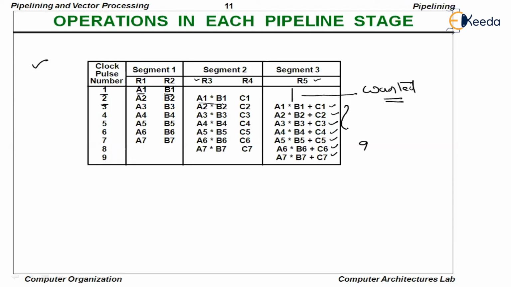Plus, each and every instruction requires thereafter 1 clock cycle each. So 7 plus 2 wasted clock cycles is equal to 9. This is how the number of clock cycles is less in a pipeline system.